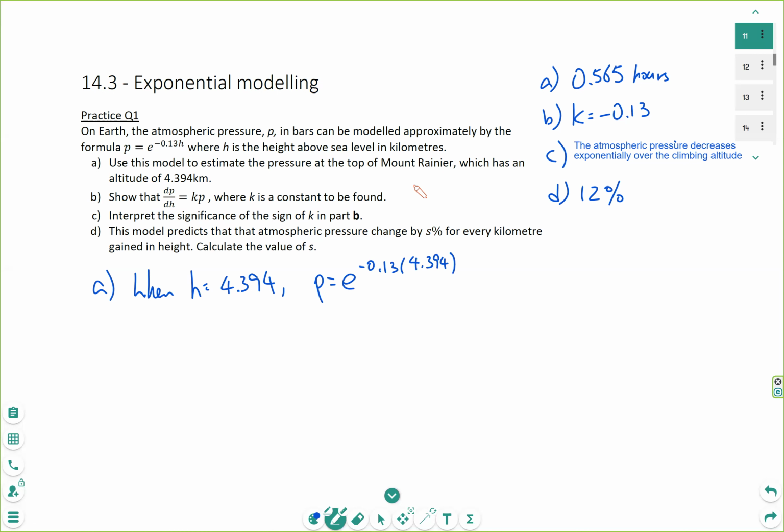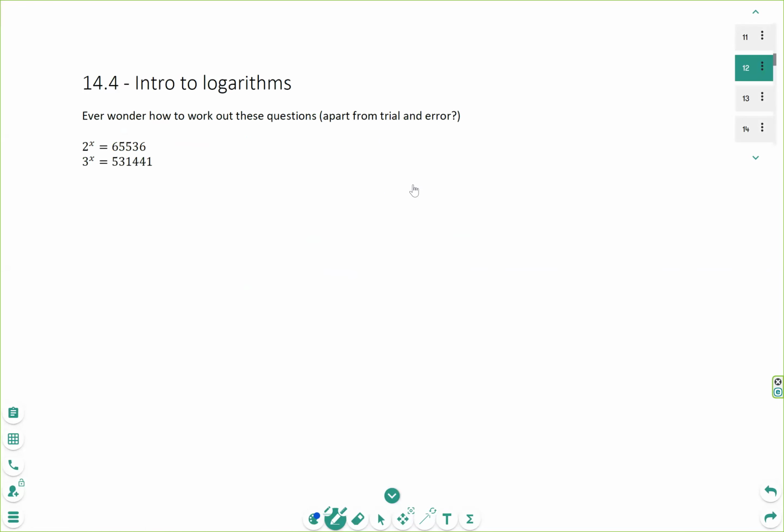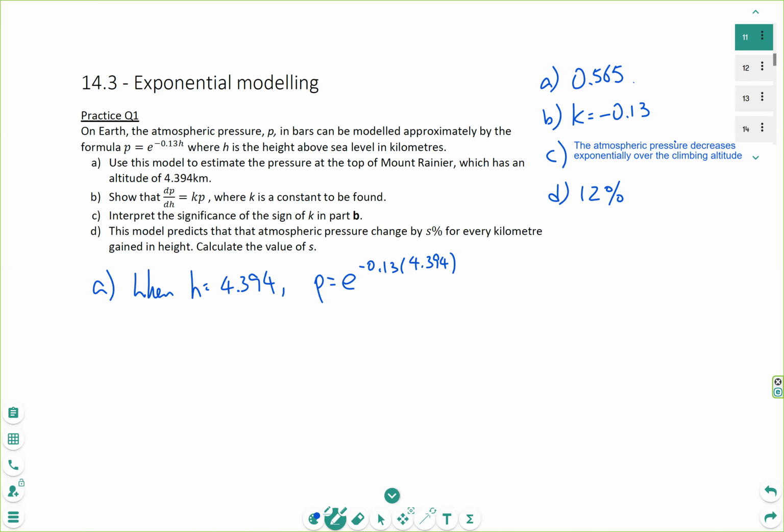Put it in a calculator, you will get, not hours, sorry, I don't know why I put hours in there. Bars. So you should get 0.565 bars. That's the answer.